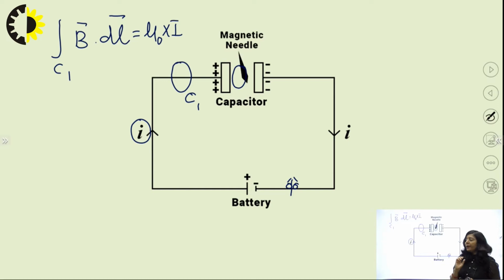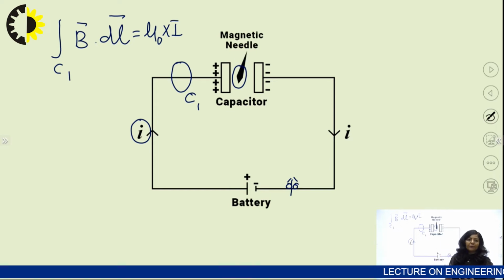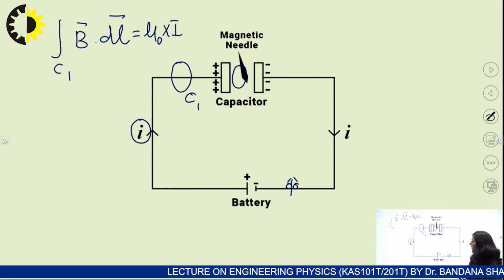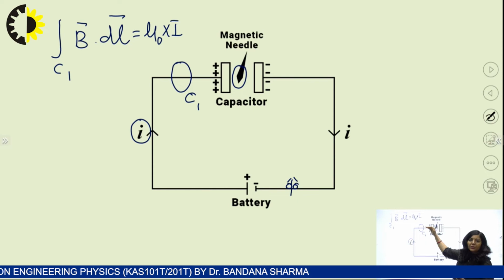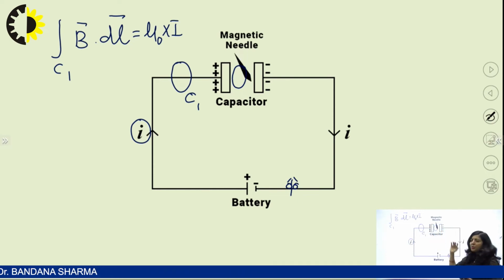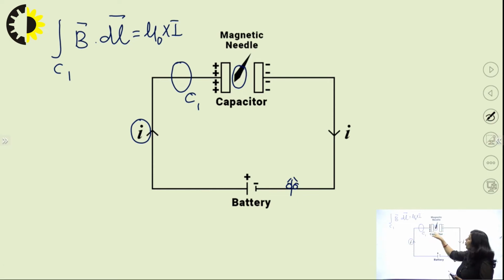So actually, what is that factor which is changing for these two plates with time? You can easily see here that during the process of charging and during the process of discharging, the charge over the two plates is different. So what you have to do now, you have to apply the same Ampere's law for this loop C2 here.